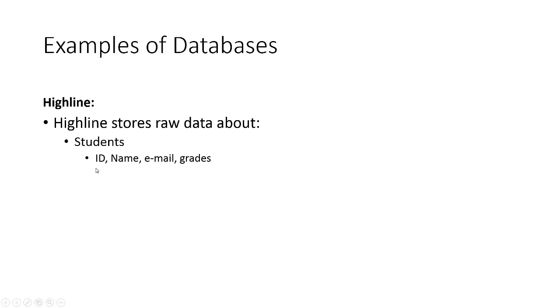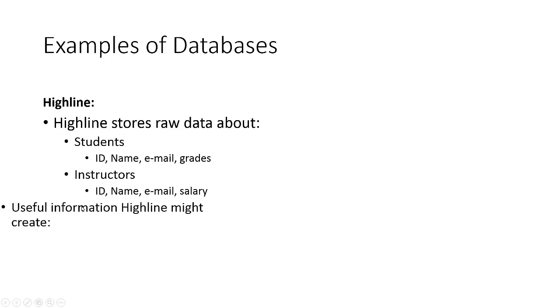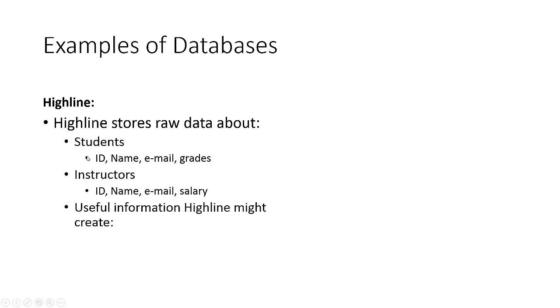So we could store information on students and also instructors, things like ID, name, email, and salary. How do we go from storing this raw data to creating useful information? Well, Highline might do that when it calculates just the GPA for business students or just the GPA for nursing students.